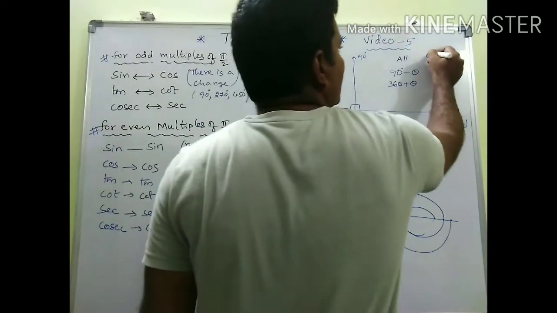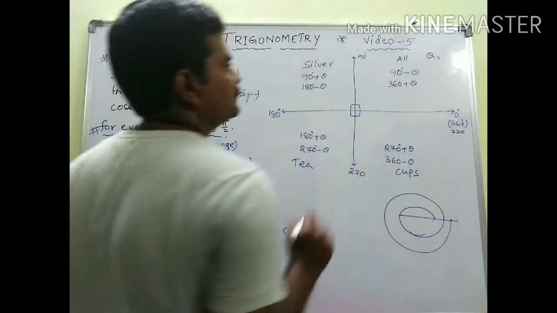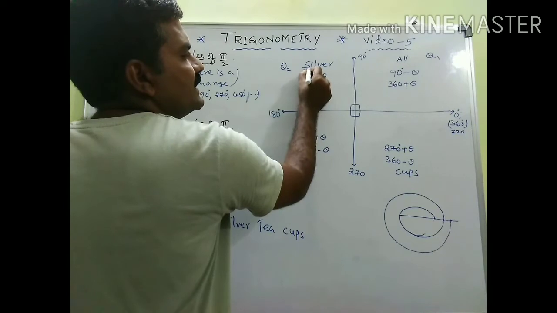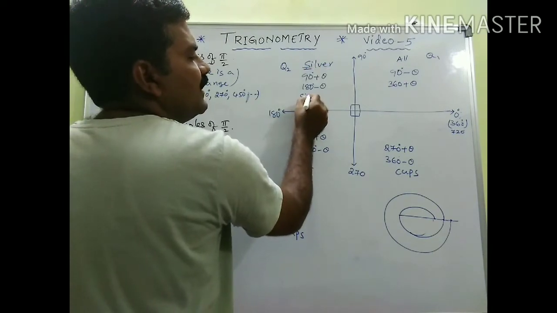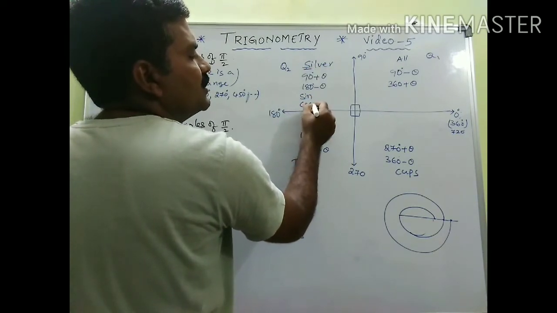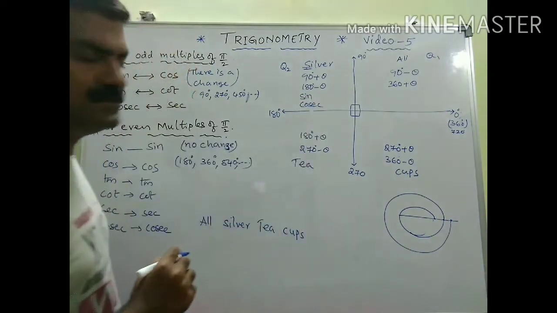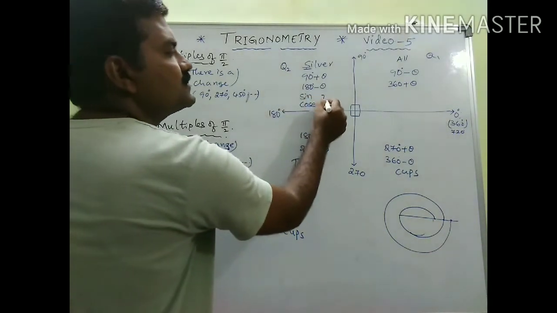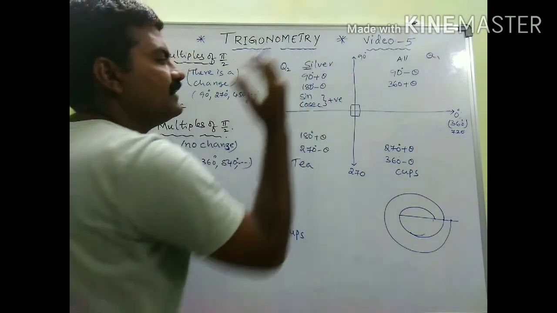This is quadrant 1. So here all are positive. And coming to quadrant 2, silver, that is S I, nothing but sine and cosecant. Only these are positive. Sine and its reciprocal, cosecant, only these two are positive and the rest of them are negative.